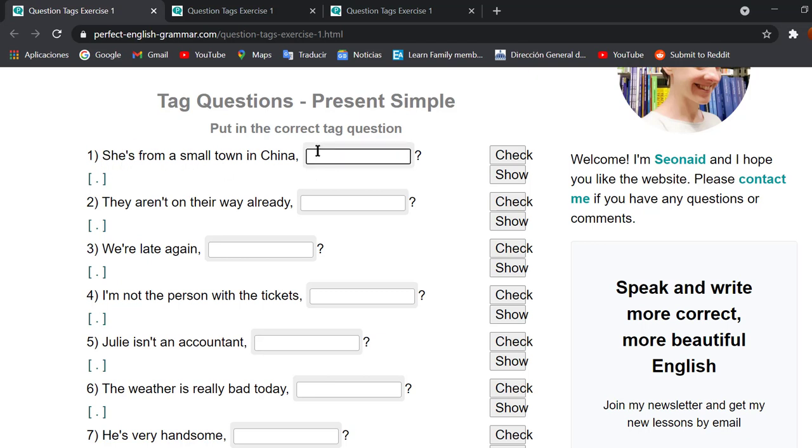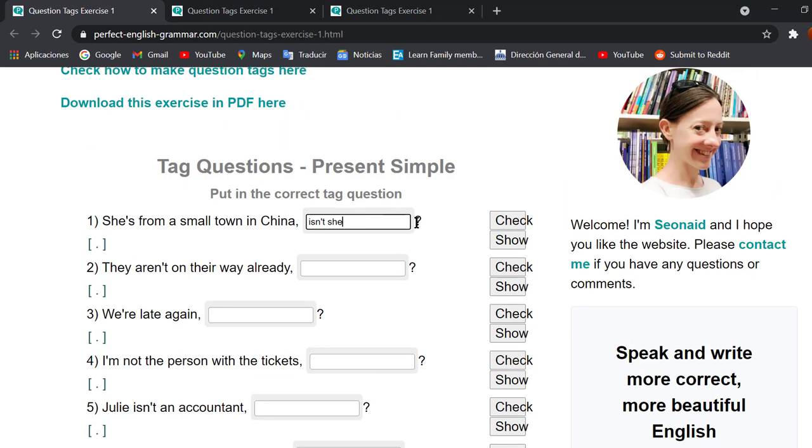Is is the verb, so here you put isn't she. To be sure, you check, and it's correct. They aren't on their way already. So we put are and they, because this is the verb and the subject. Check. It's correct, you see?